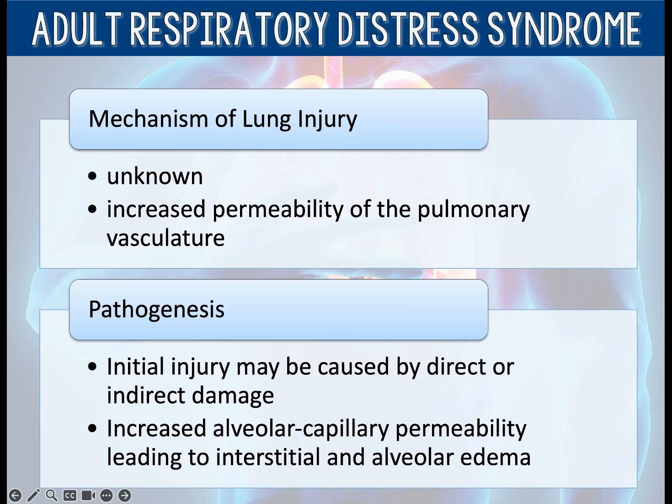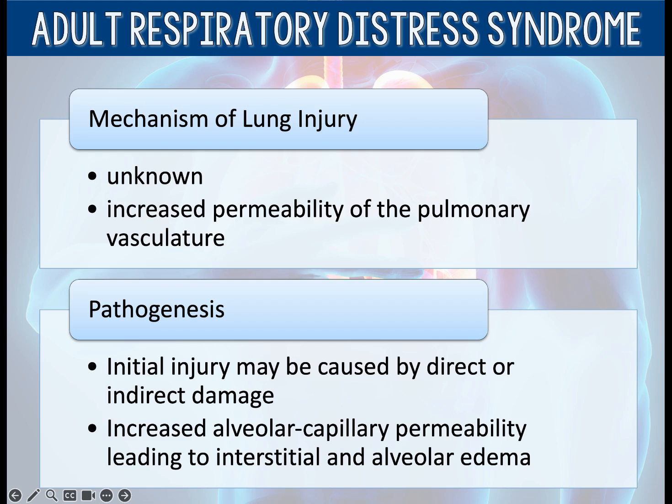So the alveoli, that capillary bed, start becoming leaky. It leads to interstitial and alveolar edema. In a previous lecture, we talked about interstitial and alveolar edema. Basically, you have all these fluids and all kinds of debris flooding the lung tissues and then the alveoli. So you end up with impaired gas exchange.